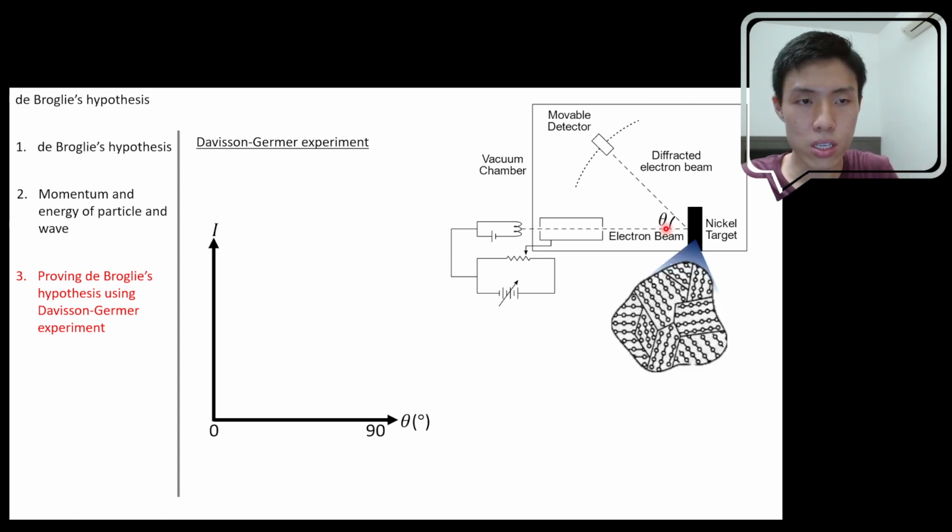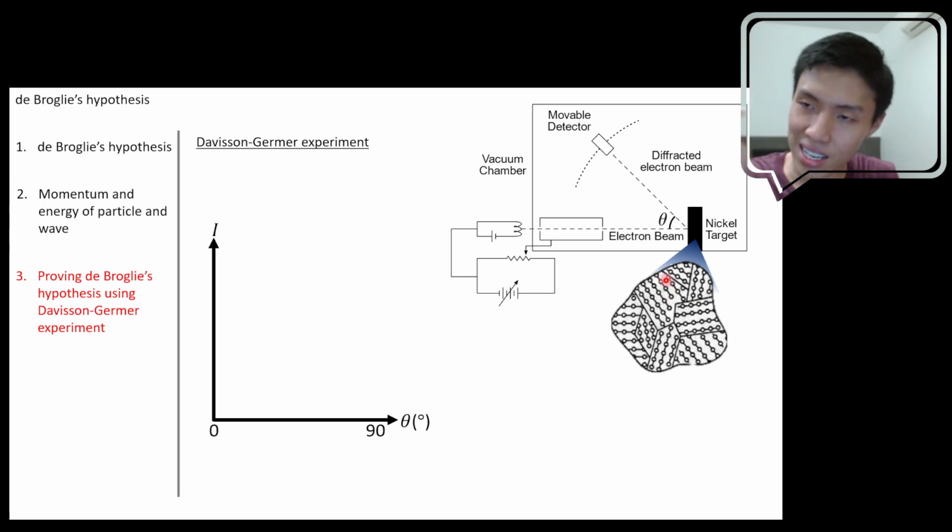Okay, so when Davisson and Germer were conducting this experiment, the nickel target was a pre-treated nickel, which means you're not doing anything to change the properties of the nickel, it comes in its raw form. In that situation, the nickel's crystalline lattice is very irregular in terms of its arrangement.